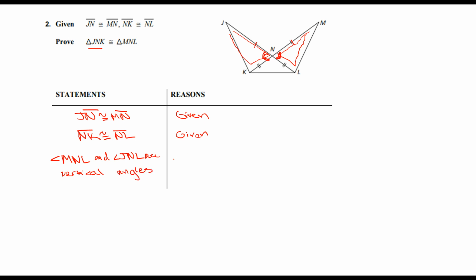Because that's the definition of a vertical angle. So now that I've proven that they're vertical, I know that those two angles have to be congruent. Angle MNL is congruent with angle JNK because of the vertical angle congruency theorem.